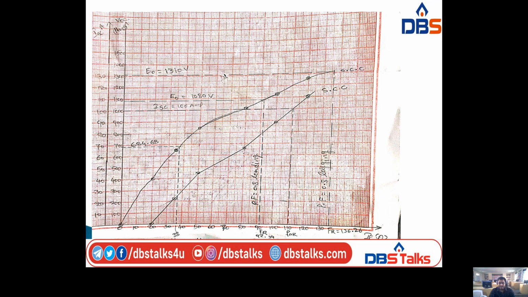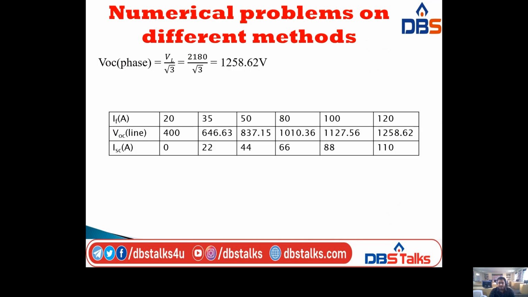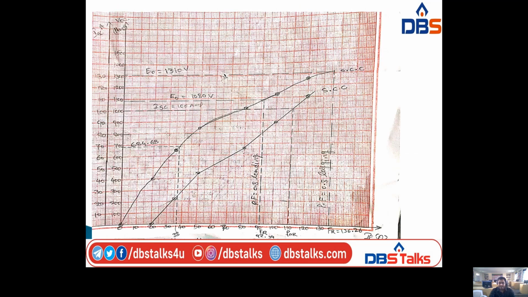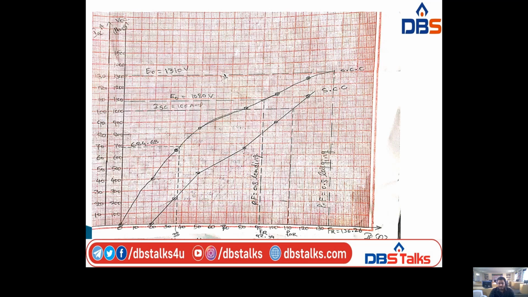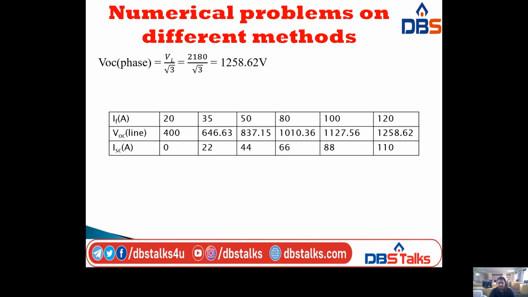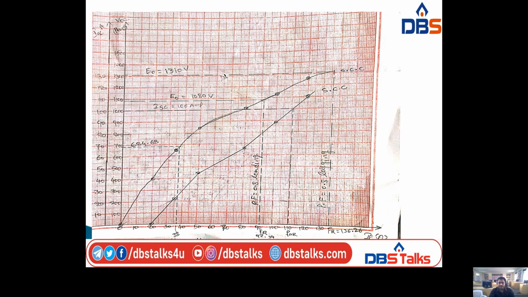And next value is at 35 amperes, where the phase voltage is 646.63. So mark here. Coming to the third value, at 50 amperes of field current, the open circuit phase voltage is 837.15.